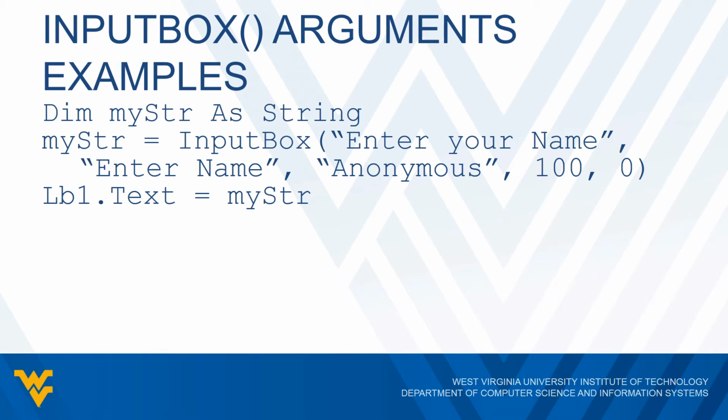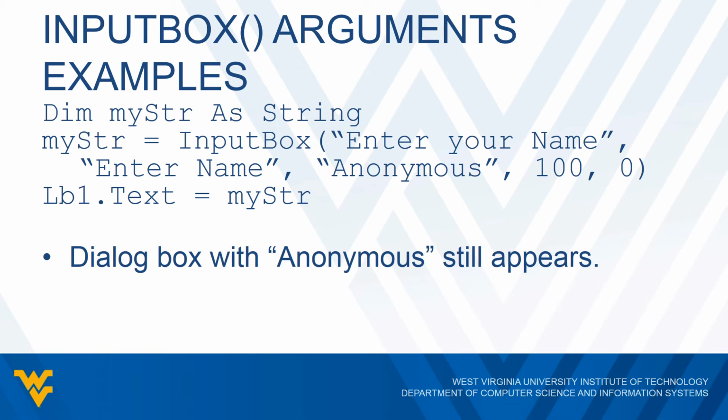We'll do another example. So here is some more code. It's pretty much the same thing as before. We have a string, our input box has the prompt enter your name, then the title of the box is going to be enter name. We have anonymous, which is our default response, but now we've included values for X position and Y position.